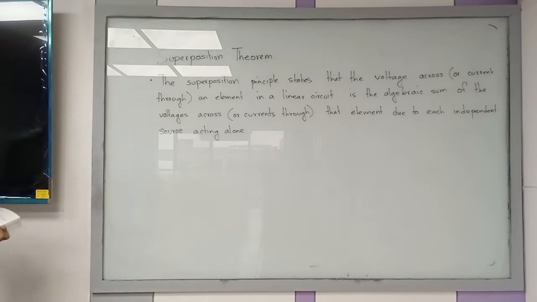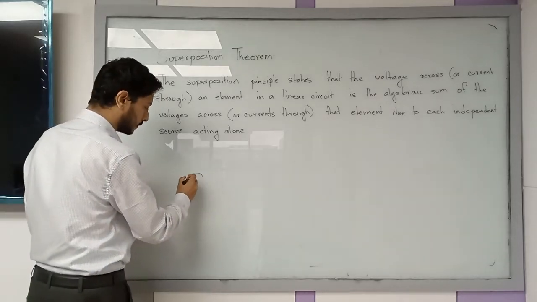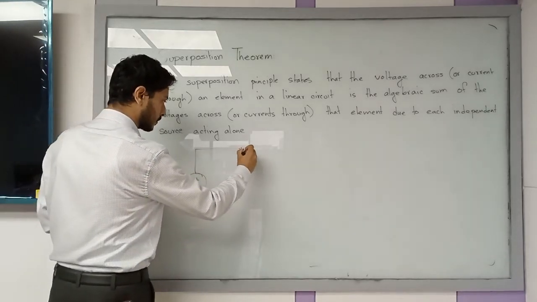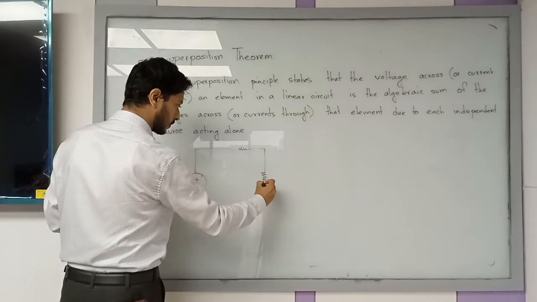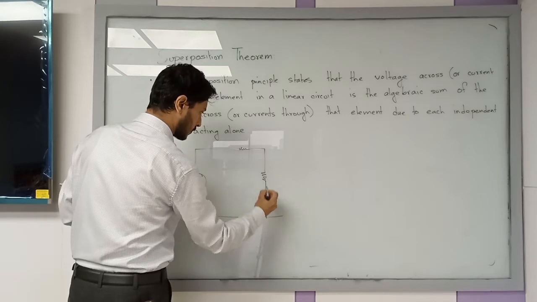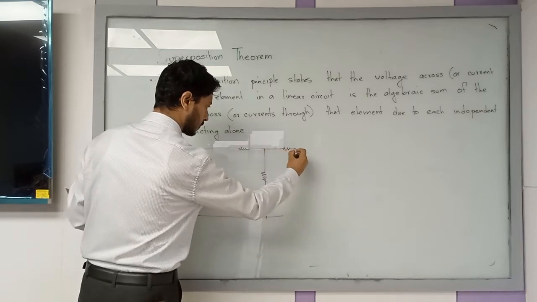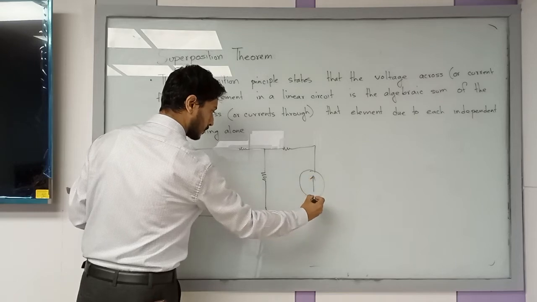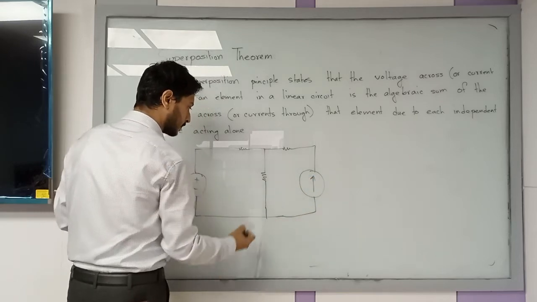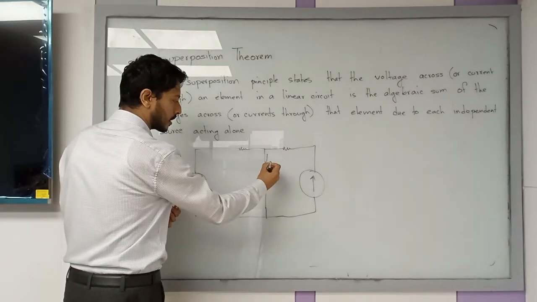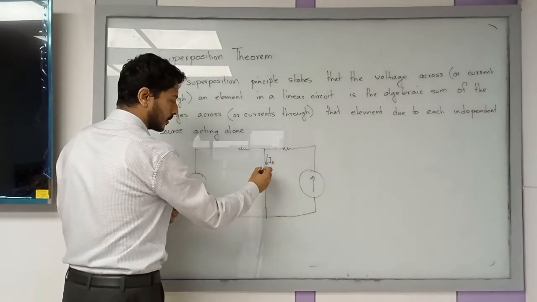So suppose you have a circuit over here. Okay? And you are told to find the current I0 in this branch.